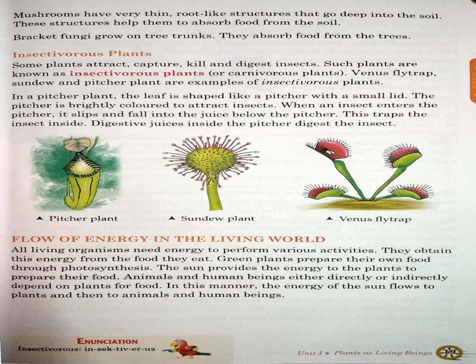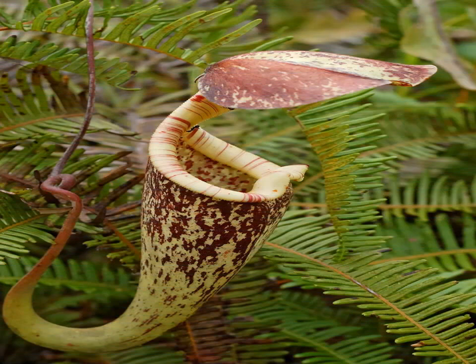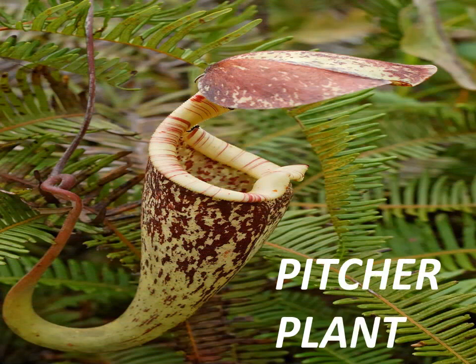They are called insectivorous or carnivorous plants. Very important examples, you will have to learn the names, that is Venus flytrap, sundew and pitcher plant. These are the famous examples of insectivorous plants.